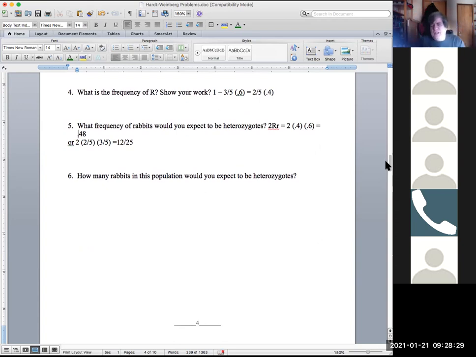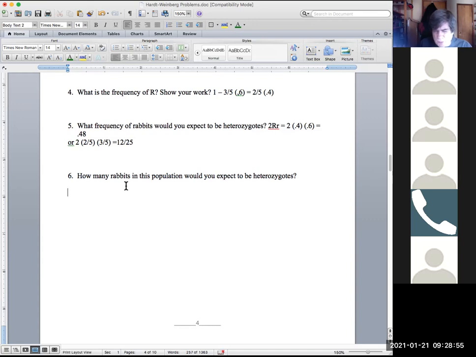Now, one of the things to keep in mind when it asks you a question like number 6, the answer to that always has to be a whole number. You can't expect 12.3 rabbits to be heterozygous. Might be 12, might be 13, but it can't be 12.3. So when you see how many rabbits, you're always going to have a whole number as your answer.